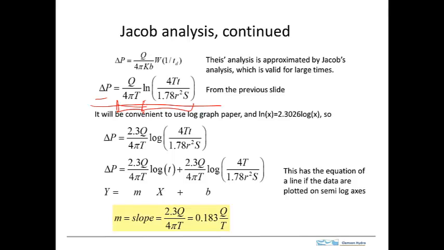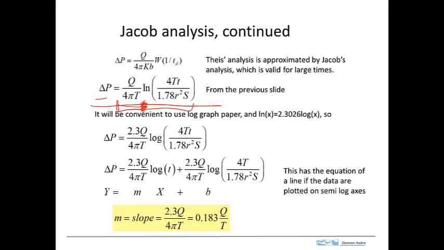Okay, so here's what we do. The natural log is pretty easy to evaluate, but the base 10 log is more common, and we want to use log graph paper. Most of the graph paper that you have, if you plot a log axis in Excel, for example, uses base 10 log.